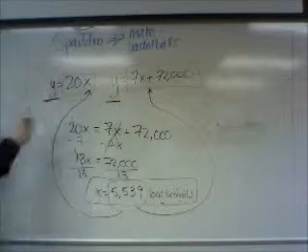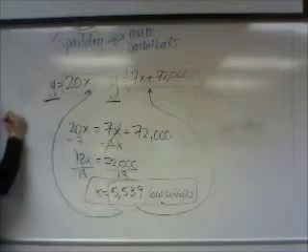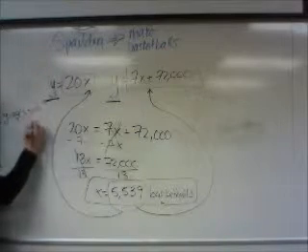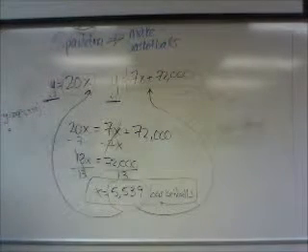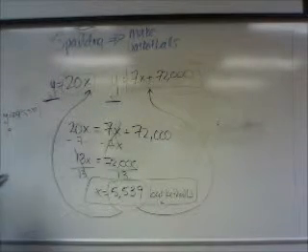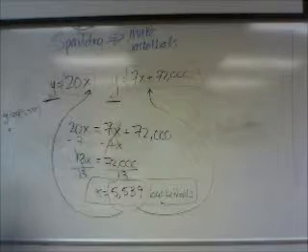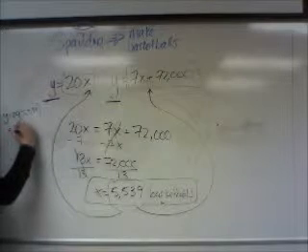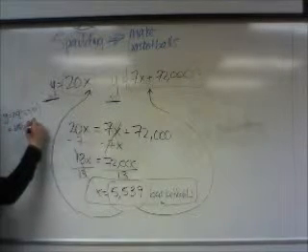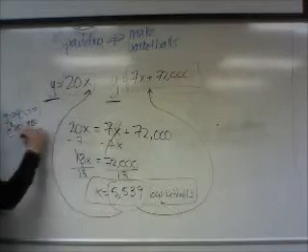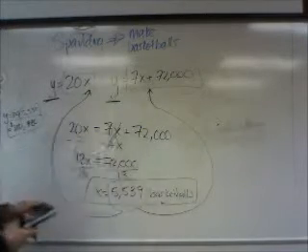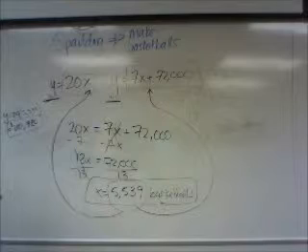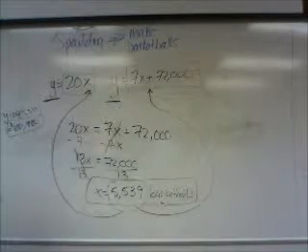So if I plug y equals 20 times 5,539 in, I get my profit, how much I make. I make $110,780. Well, how much does it cost to make those many basketballs? What's 7 times 5,539 plus 72,000?